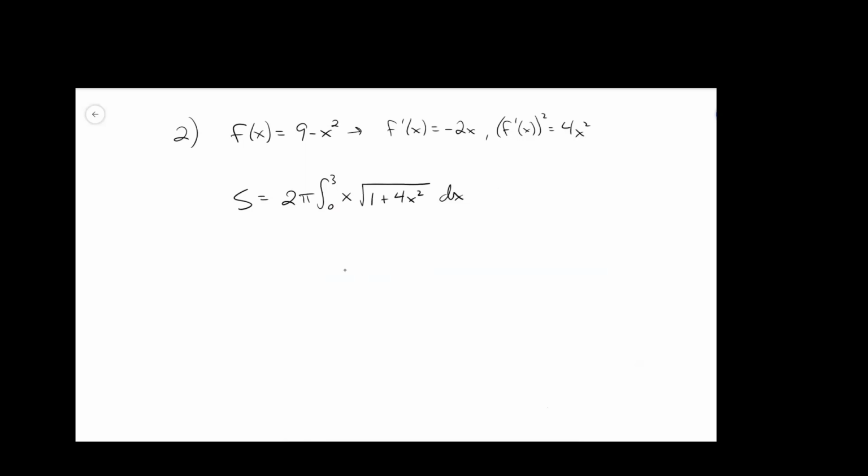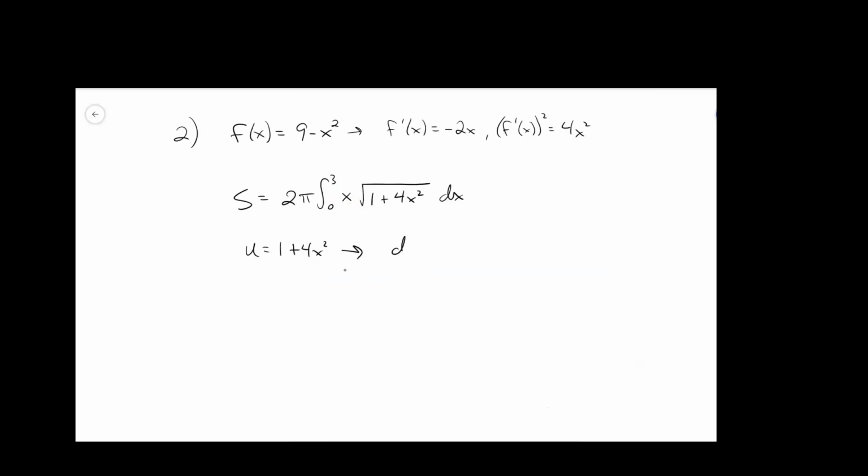With the x here, though, since we're doing a surface area rather than an arc length, that x is there now, right? And since that x is there, this is just a really easy regular substitution. It's not a trig sub at all. It's just a nice easy u equals 1 plus 4x squared.